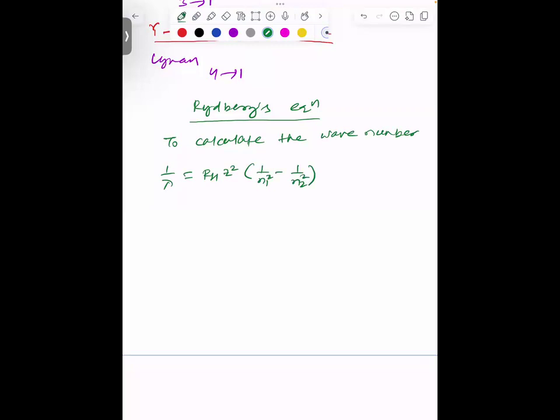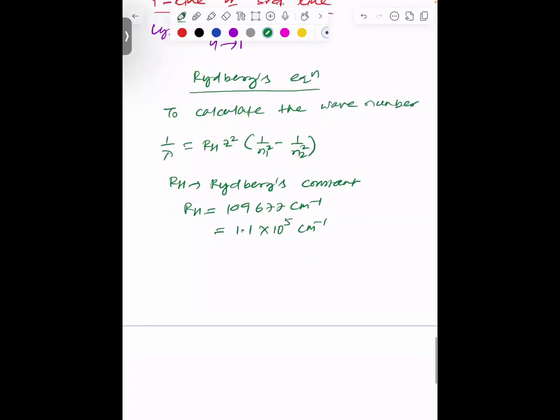So what is RH? Rydberg's constant. Its value is 109,677 centimeter inverse, or you can write 1.1 into 10 to the 5 centimeter inverse.